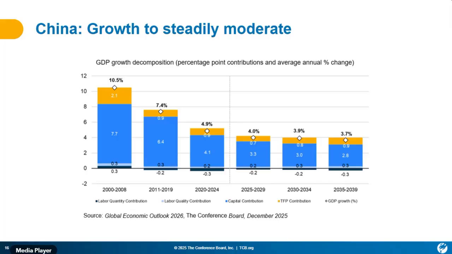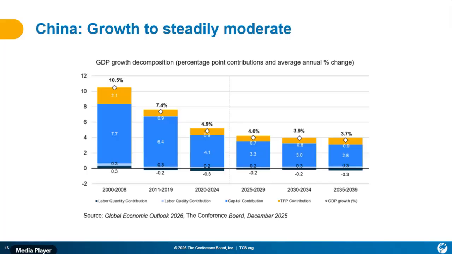But my key takeaway from this slide, if I'm a business leader trying to make a decision on whether to place long-term bets on different markets, is that the fundamentals in China, in terms of being able to generate growth going into the long term, are significant and important. There may be hiccups along the way, but the long-term potential of the market and the economy is positive.